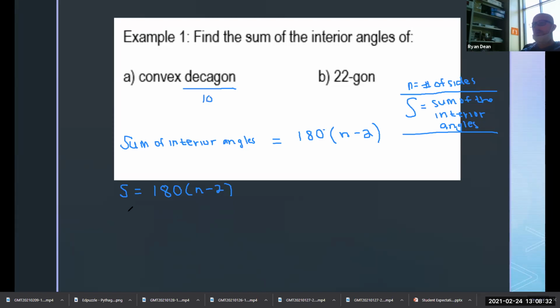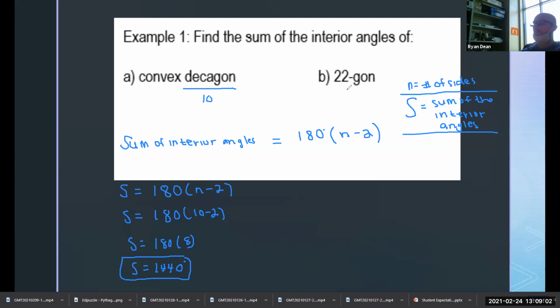So n is going to be 10. We replace n with the number 10, subtract 2 from it, and then multiply by 180 degrees to find the sum of the interior angles. So for this one, big S is equal to 1,440 degrees.